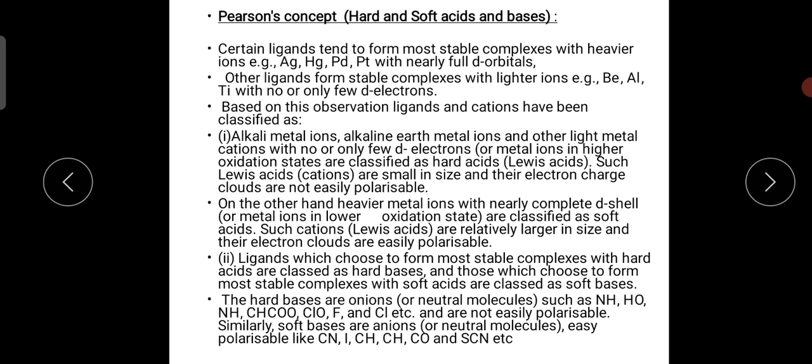And soft bases are also anions and they are easily polarizable. So this is the Pearson concept. Sorry, actually soft bases are cations and they are easily polarizable. Anions are not easily polarizable.